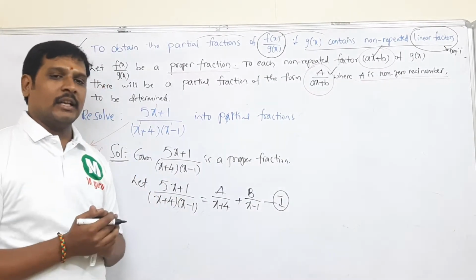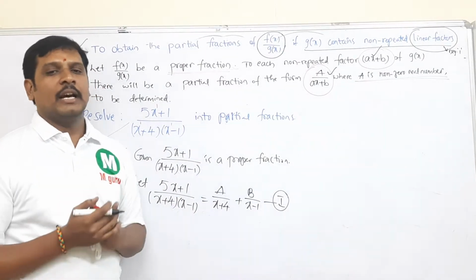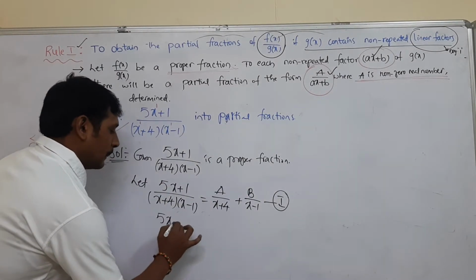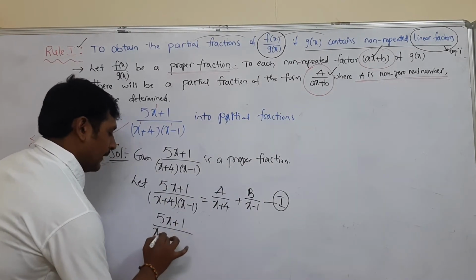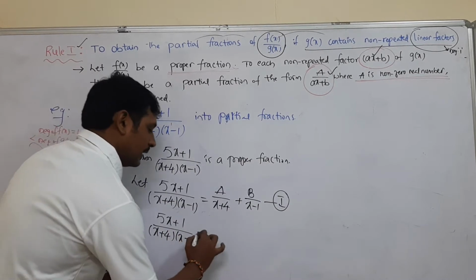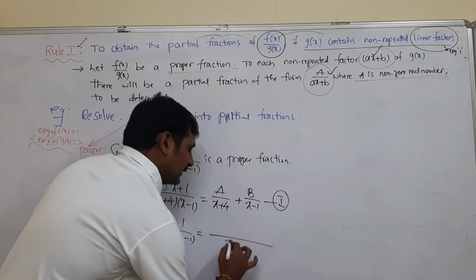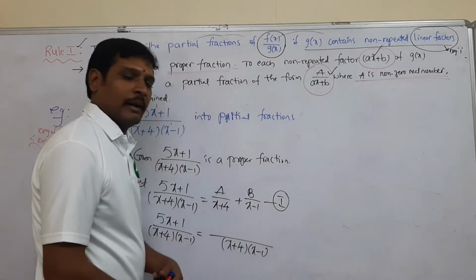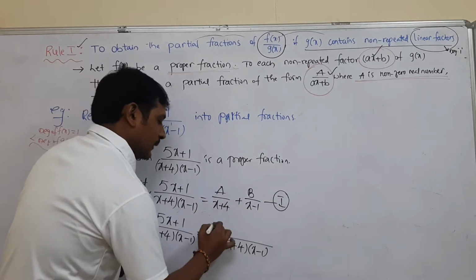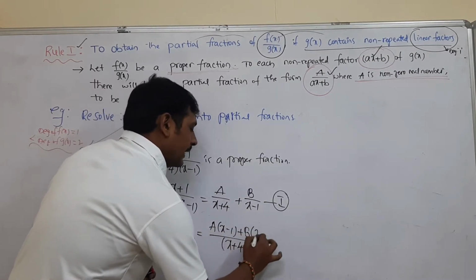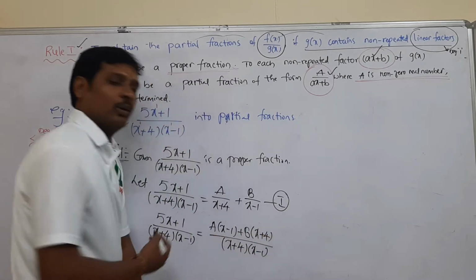To get them, we have several methods. First, let us solve by method 1. So 5x plus 1 by x plus 4 into x minus 1 is equal to, if we take the LCM x plus 4 into x minus 1 and cross multiply, A into x minus 1 plus B into x plus 4.